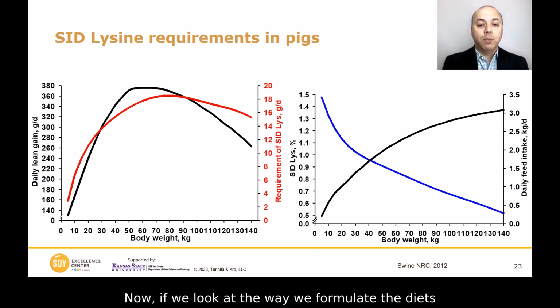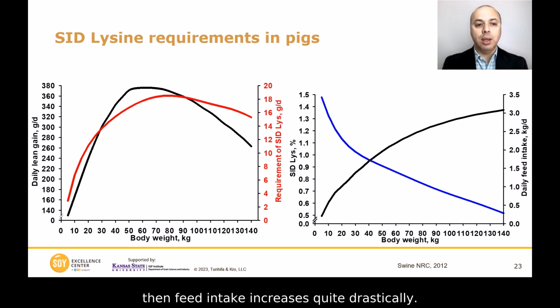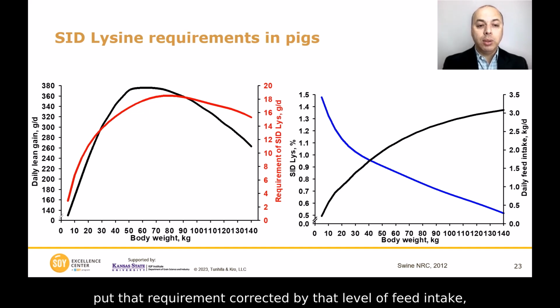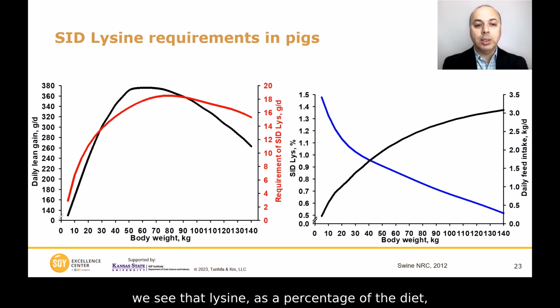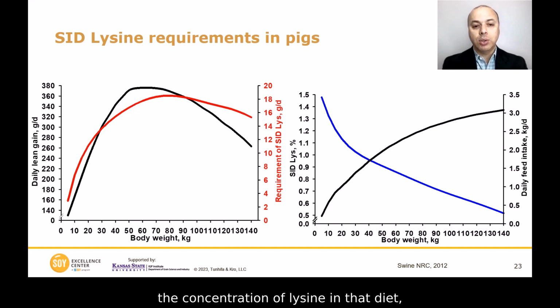Now, if we look at the way we formulate the diets and we look at feed intake, then we can see that as body weight increases, feed intake increases quite drastically. And that is the reason why when we correct that requirement by the level of feed intake, we see that lysine as a percentage of the diet, the concentration of lysine in that diet, is decreasing as age increases.